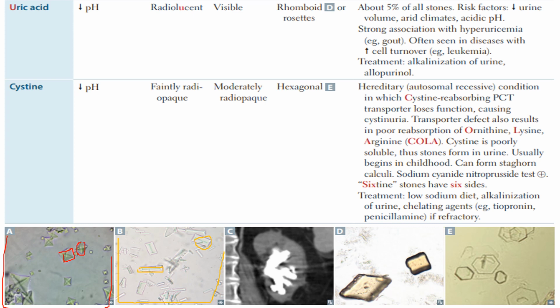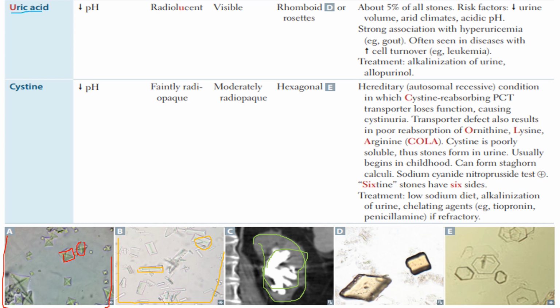S for struvite, S for sarcophagus. As we can see in this image, it's a staghorn calculus. This is the staghorn calculus, which is made up of ammonium magnesium phosphate stone or struvite stone.